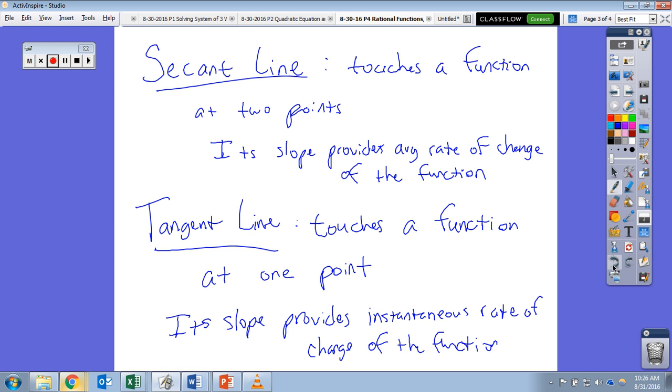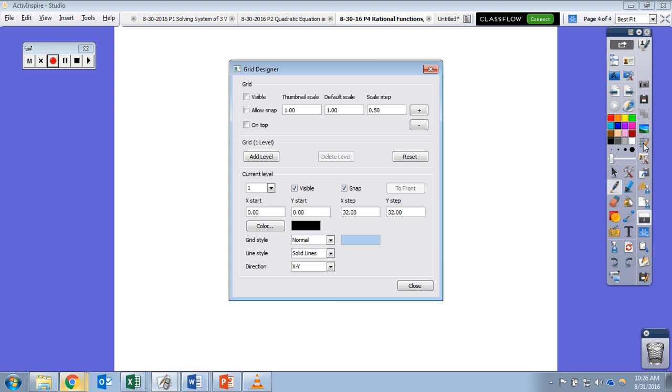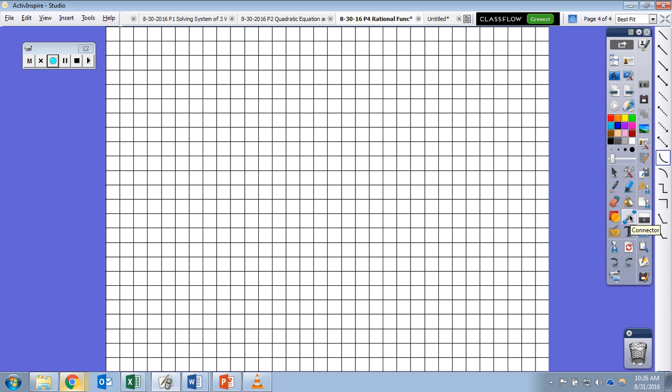So, let's do... They made a sense sign for a reason. Why would they not have it? Graph paper.